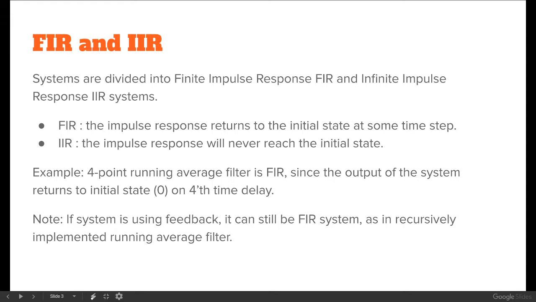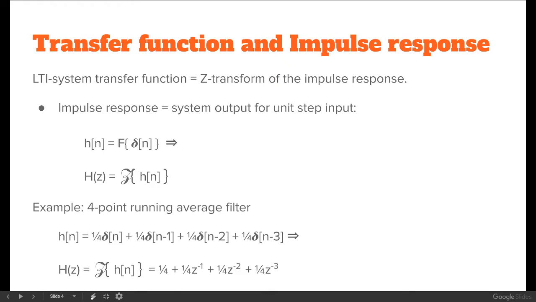Feedback actually is a required element to get an IIR system, but if a system has feedback, it does not guarantee it's an infinite impulse response. Like the 4-point running average, you can calculate it with feedback, but by testing, you can see that it's still a finite impulse response system. Okay.